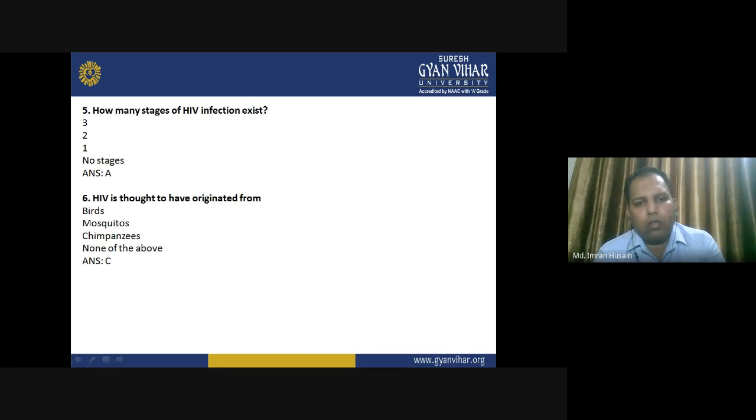HIV is thought to have originated from birds, mosquitoes, chimpanzees, or none of the above. The correct answer is chimpanzee. HIV AIDS was originally found in the chimps, and chimps were dying because of that. But miraculously, they developed resistance and started cohabitating with the virus. But we humans are still working on that.